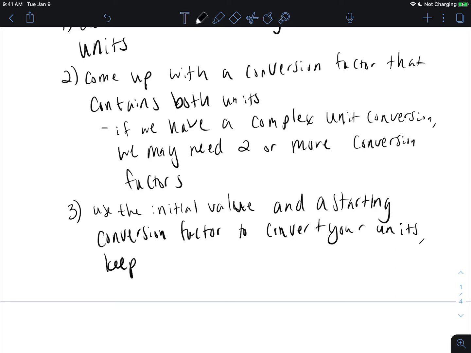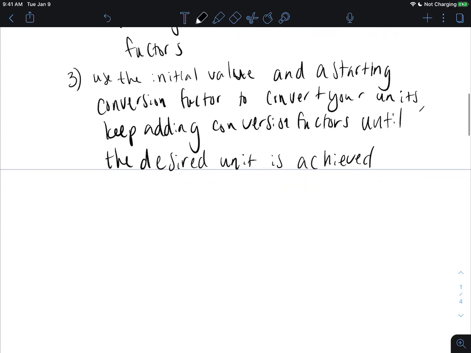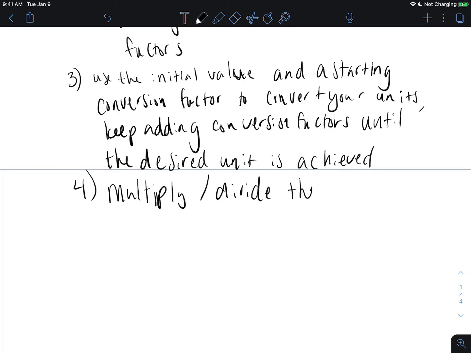Keep adding conversion factors until the desired unit is found. Okay, so then we multiply, divide the whole thing out.